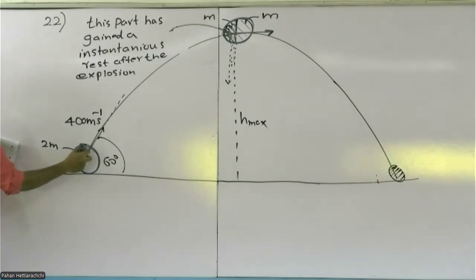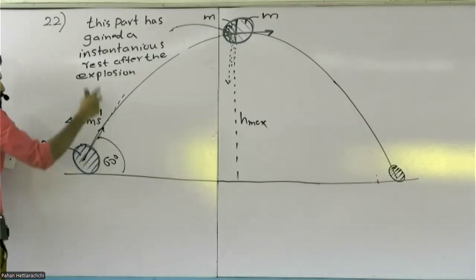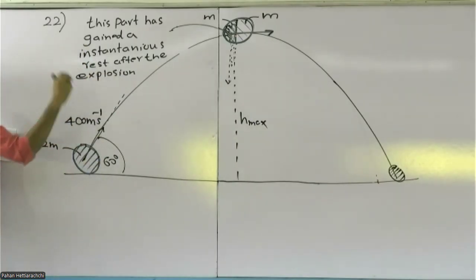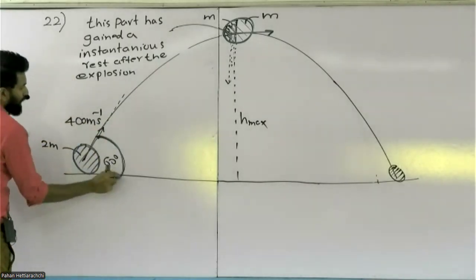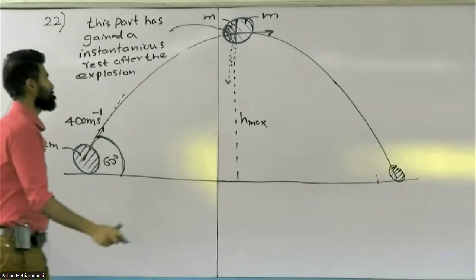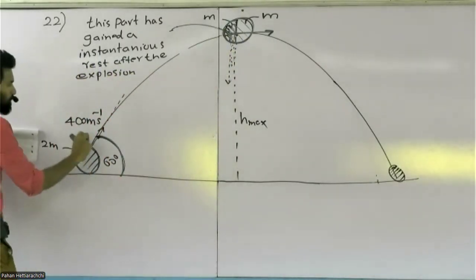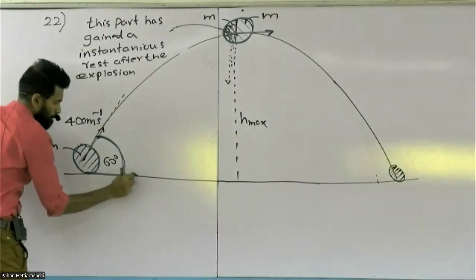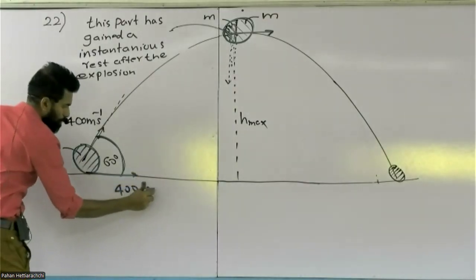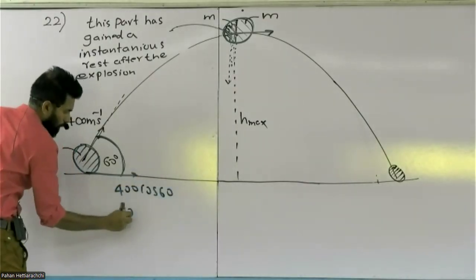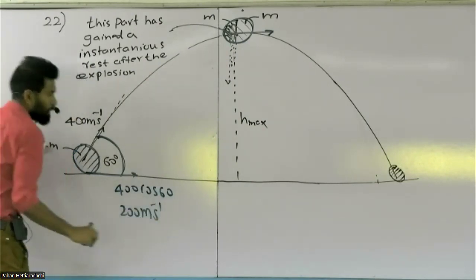Before the object explodes into two parts, at the highest position, its velocity is its horizontal velocity component. At the highest point, there's no vertical velocity. The only remaining velocity is 400 cos 60, which is 200 meters per second.